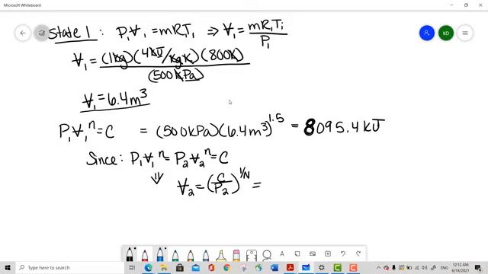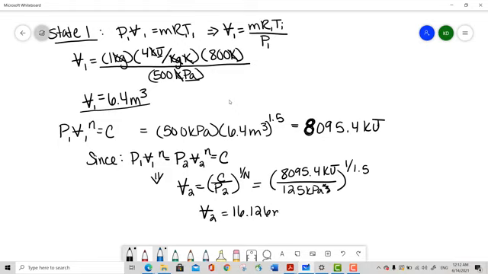And then when you plug in 4 kilojoules over 125 kilopascals, to the 1 over 1.5, this V2 equals 16.126 meters cubed. Okay, so now we've got the volume at both states.